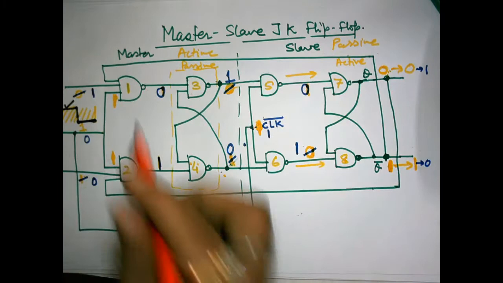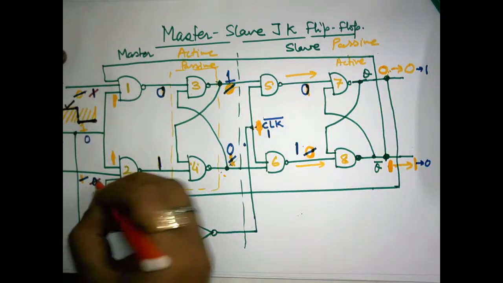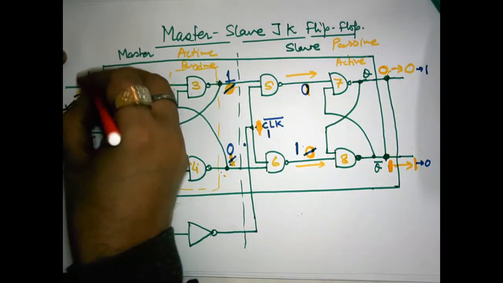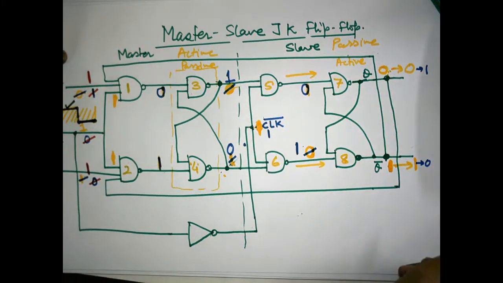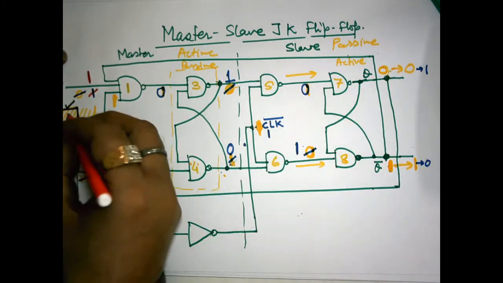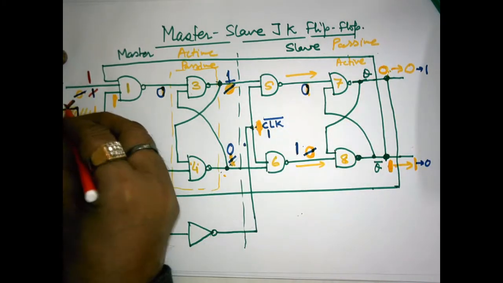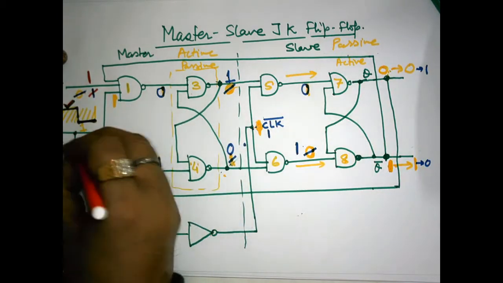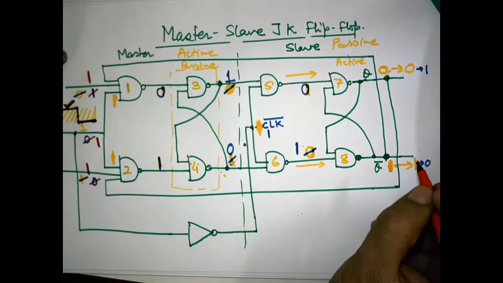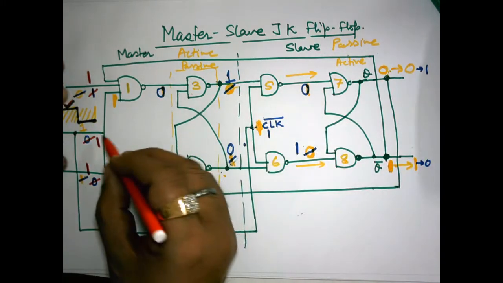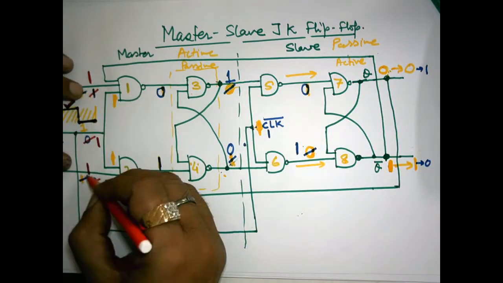So let us use a red color pen to distinguish everything, and we have applied this part of the clock. Okay, so 1 has been applied. Getting my point? Now you see, 1 has been applied, 1 is there, 1 is here.